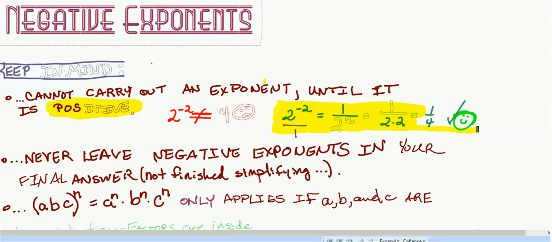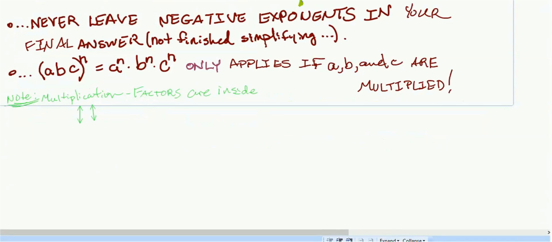Multiply 2 times itself, and then you have your answer of 1/4. This is the right way. You want to never leave negative exponents in your final answer. Always double check. Make sure you didn't forget any cancellations or any negative exponents that you need to invert to make them positive.